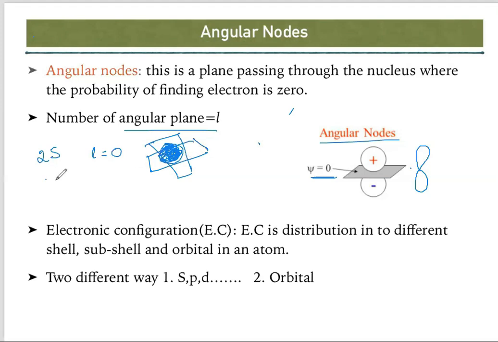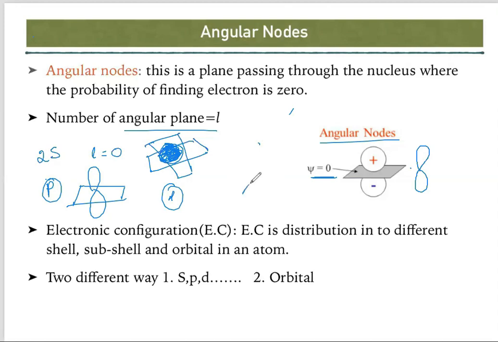But for p, let's suppose p. If you think like this, if you pass a plane, here it is given, okay? So at the center, the electron density is 0. So for p, the angular node is 1, and L for p is equal to 1. Okay, let us now try d. As we know, what is the shape of d?